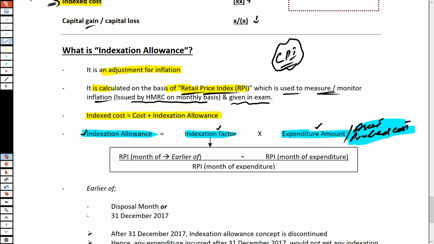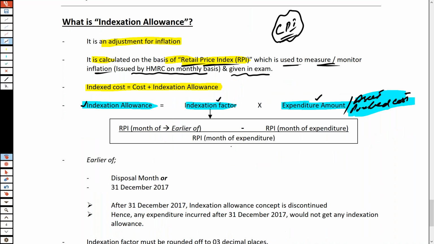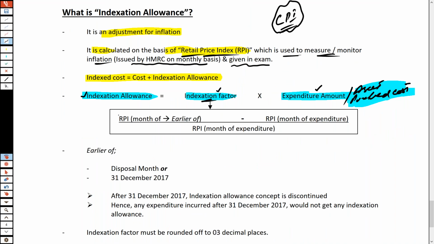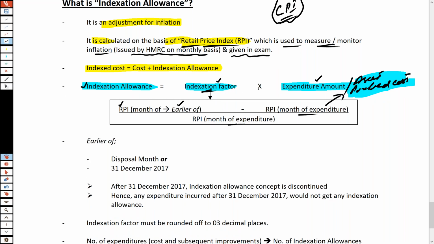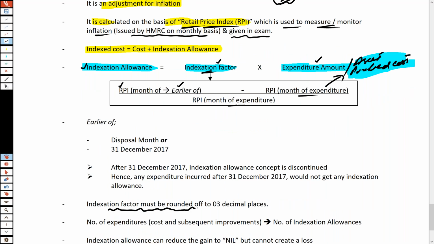Now, how is this indexation factor calculated? Simply take the RPI of the month of earlier of, deduct the RPI of the month of expenditure when this asset was purchased, and divide it by the same RPI of the month of expenditure. It would give you an indexation factor, and according to tax laws, this indexation factor must be rounded off. It's not round up, it's not round down.